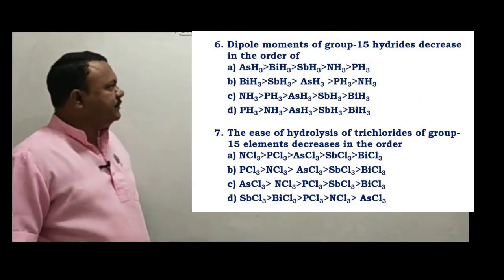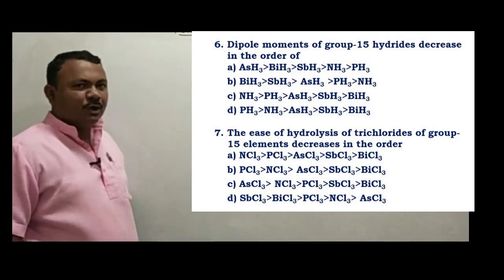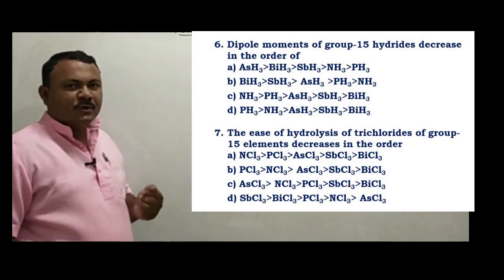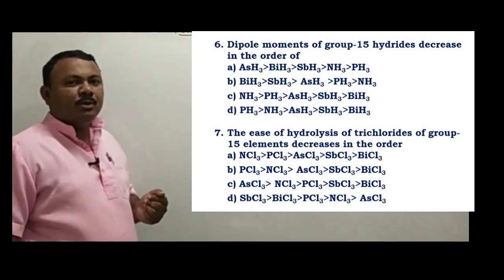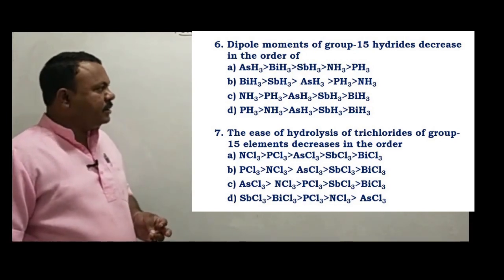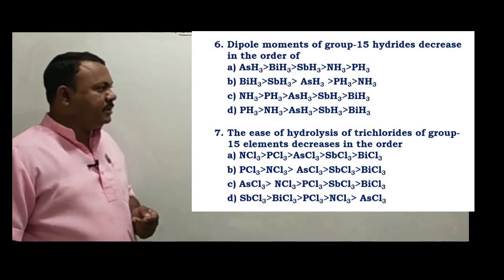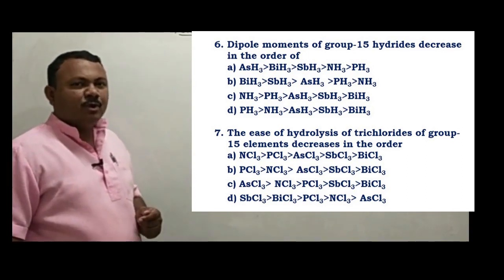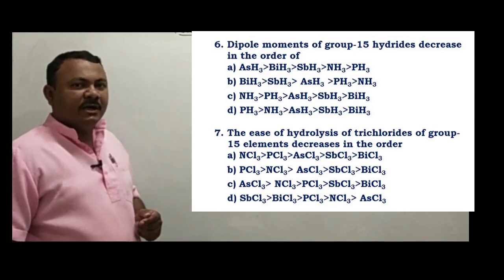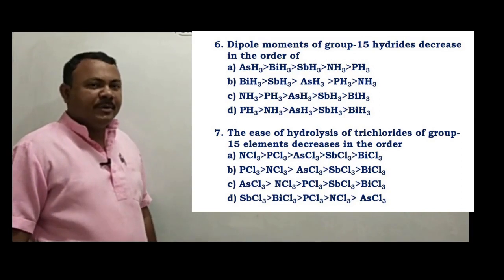Look at the sixth question. Dipole moment of group 15 hydrides decreases in the order of, you know, this also I told you, when we compare the group 15 hydrides: ammonia more than phosphine, phosphine more than arsine, arsine more than stibine, stibine more than bismuthine. As the electronegativity of the central atom goes on decreasing, dipole moment goes on decreasing.